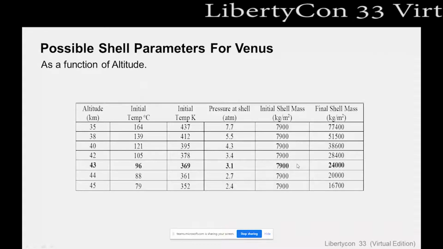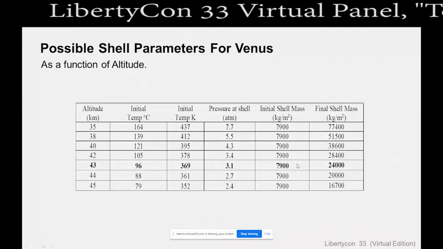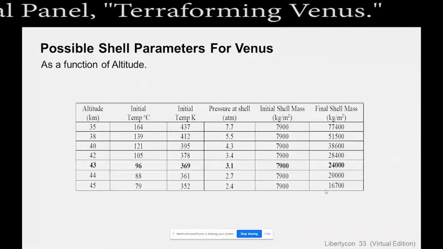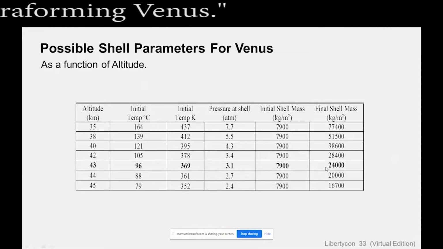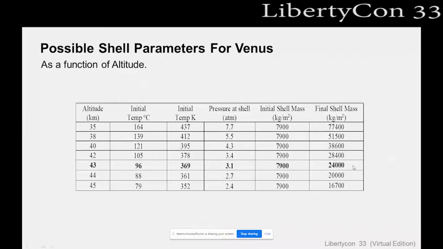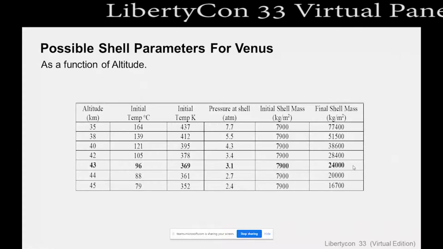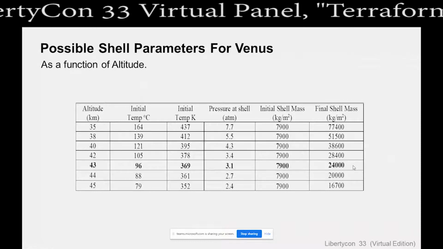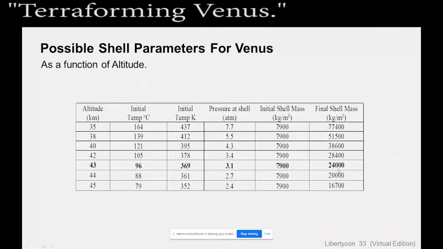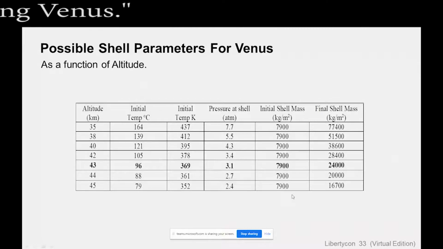And the shell, if we assume 1 meter thick steel, is about 8 metric tons per square meter. In order to provide enough mass so that the stresses equalize, you need about 24 metric tons per square meter. So it's going to be a fairly robust shell.